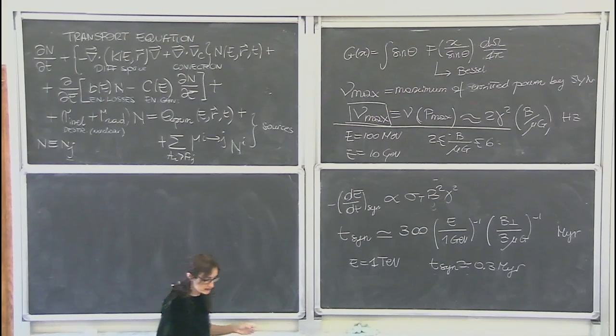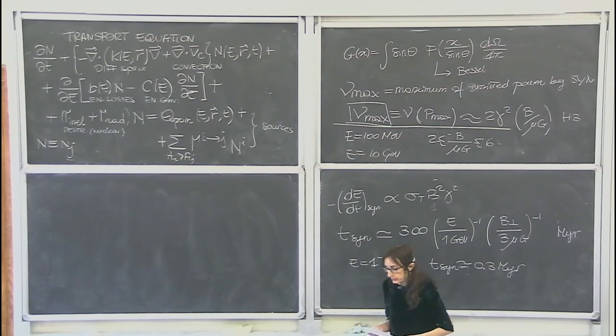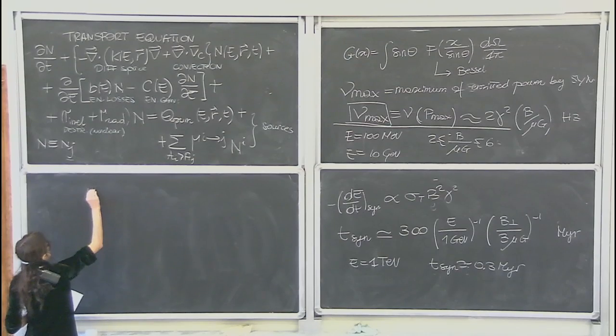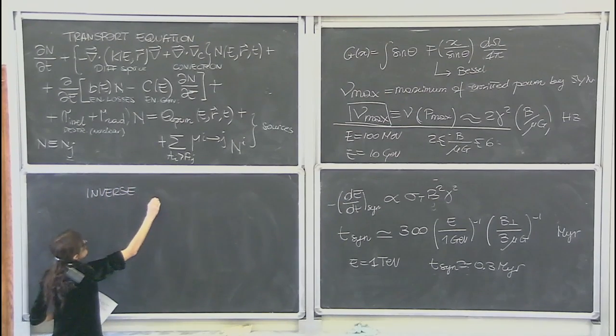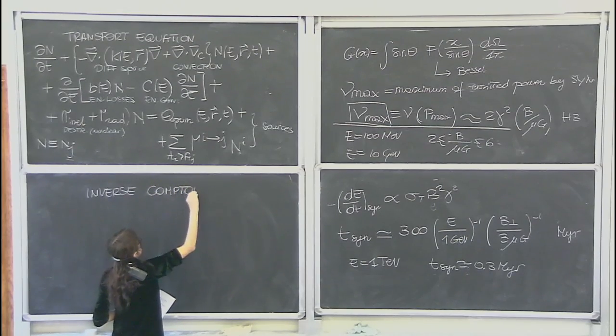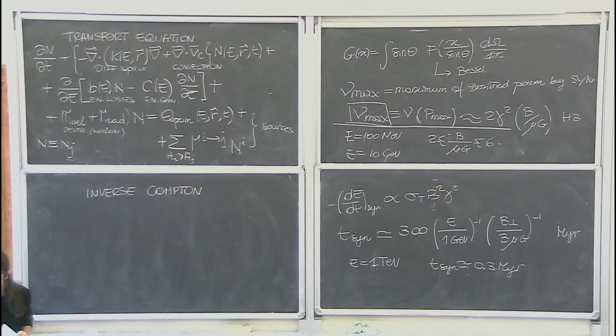So of course we don't compute the cross section here, but I remind the main pieces. Inverse Compton is nothing else than a Compton scattering, where inverse is some fancy name just to say that the kinematics are opposite.